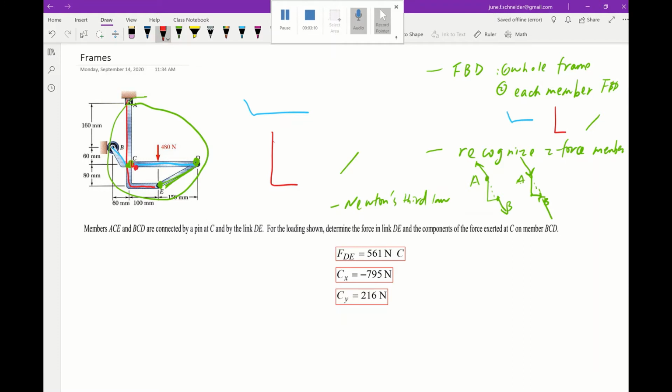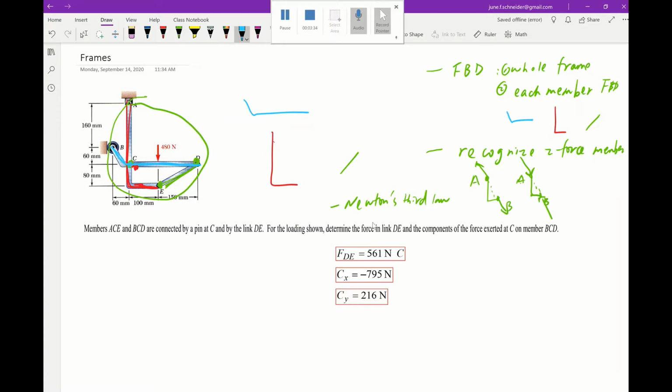The force exerted at C by this member ACE on this member BCD, so this red line exerts a force on this blue line at this pin C here.